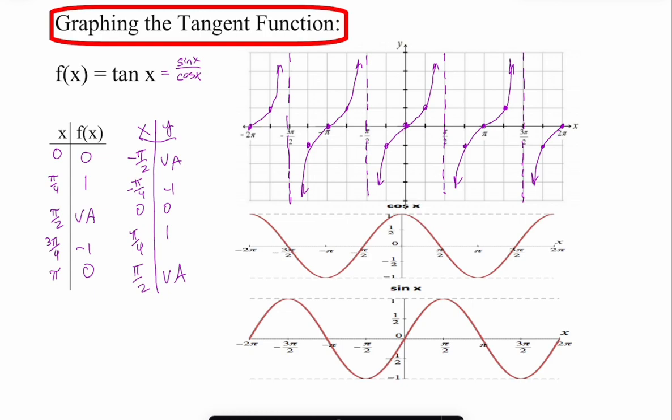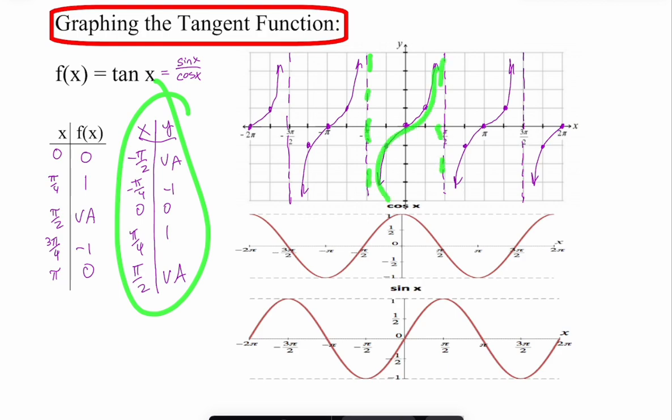So sometimes I will graph it so that I have that full thing. And the reason that it's helpful is a tangent is what's called an even function. It has y-axis symmetry. And so to get the full cubic, we need something to the left of the y-axis and something to the right. So this is sometimes helpful when graphing a tangent.